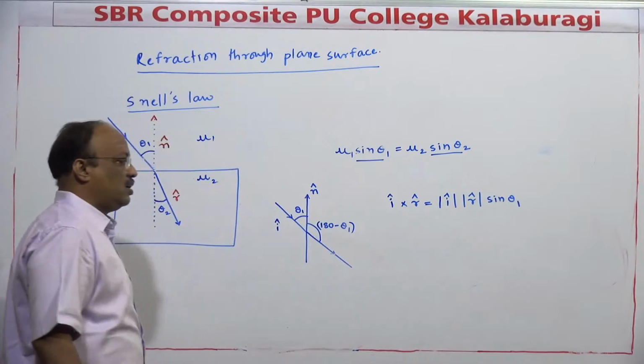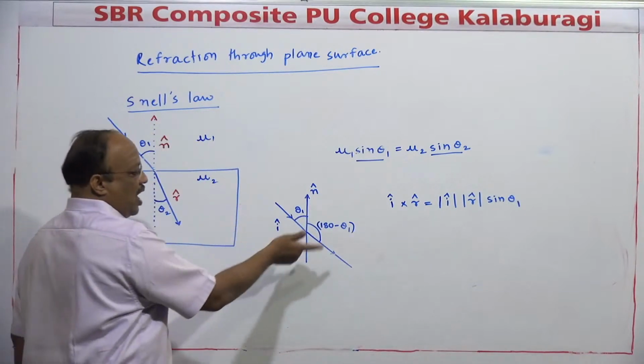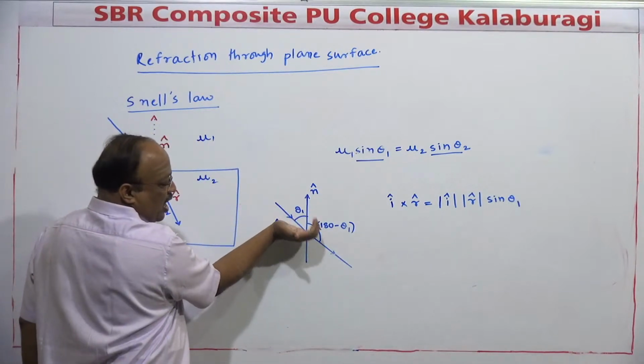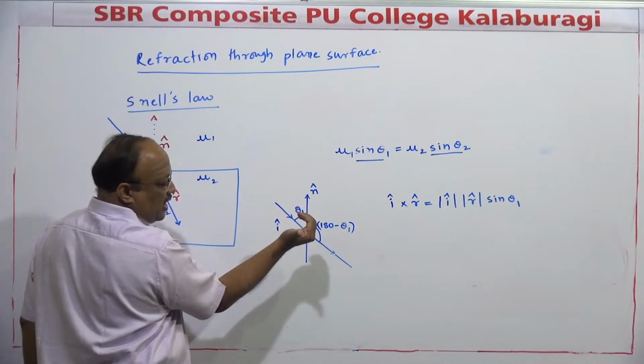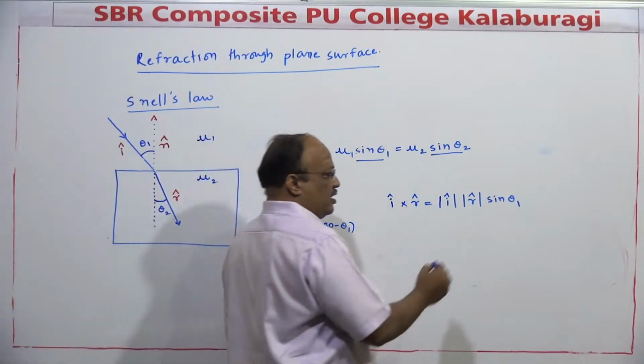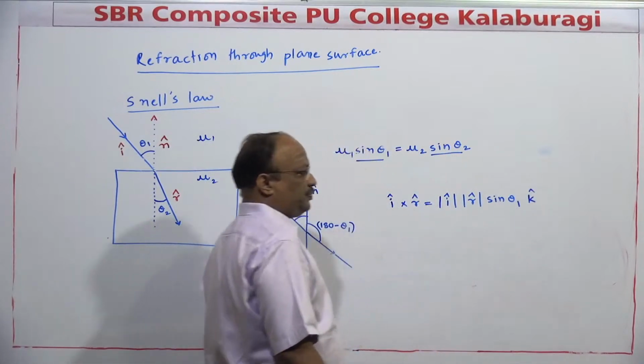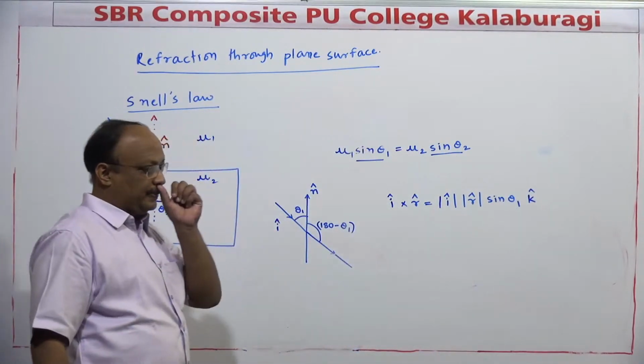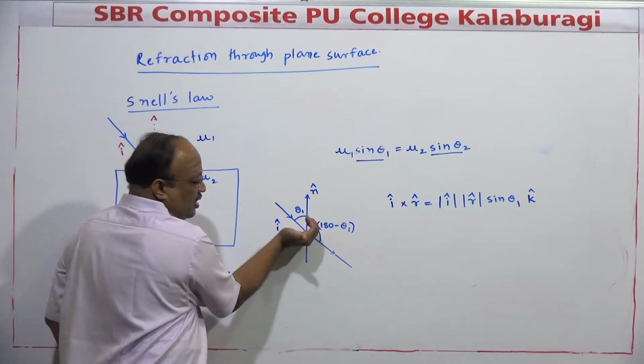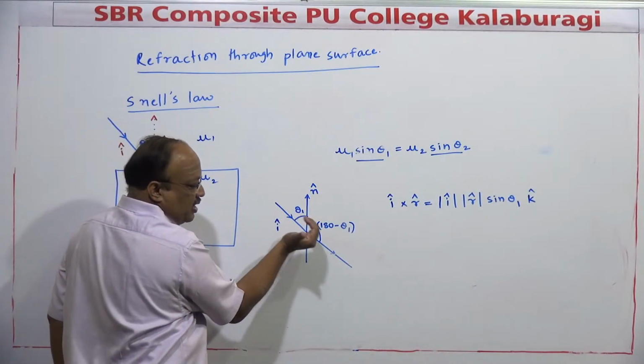From I to R, the angle is coming out like this, so I will take that direction as some k cap, the resultant direction.